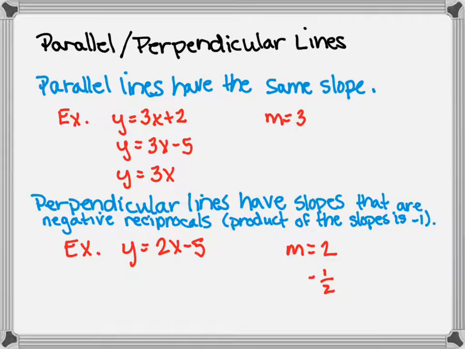So our slope of a perpendicular line would be negative 1/2. An example of a perpendicular line is y equals negative 1/2 x plus 7. If we look at the product of these two slopes, 2 times negative 1/2, when we multiply them, we get negative 1.